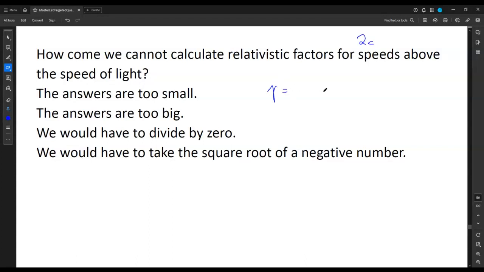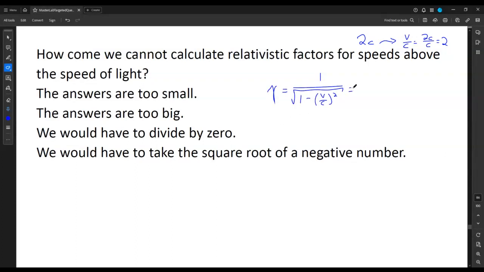Thinking back to our formula, we've got gamma is equal to 1 over big square root of 1 minus v over c squared. Okay, well, 2c means that v over c is going to be 2c over c, or just 2, which makes sense because, again, we said twice the speed of light when we were setting up this example.